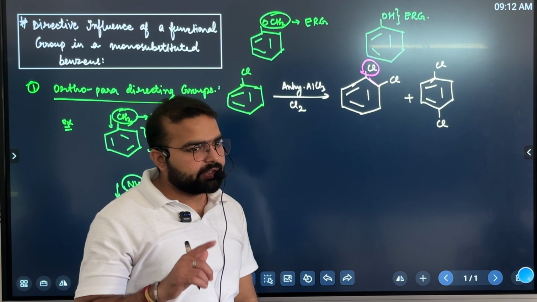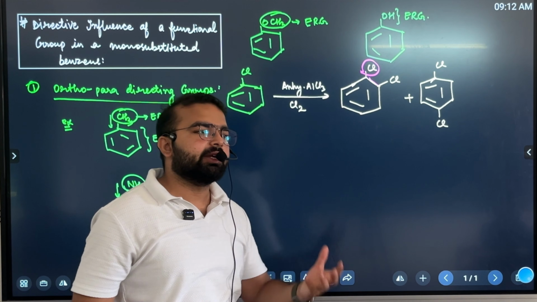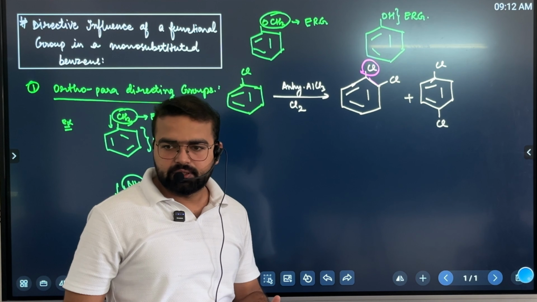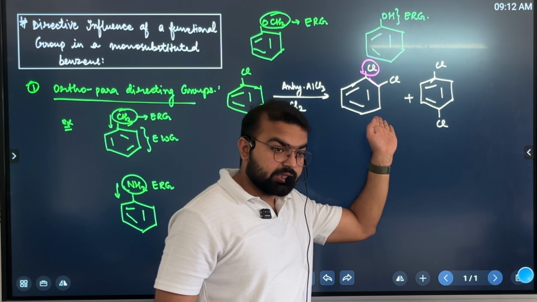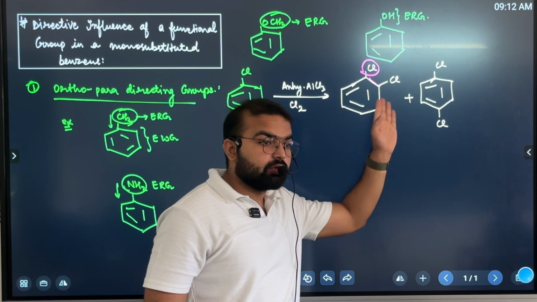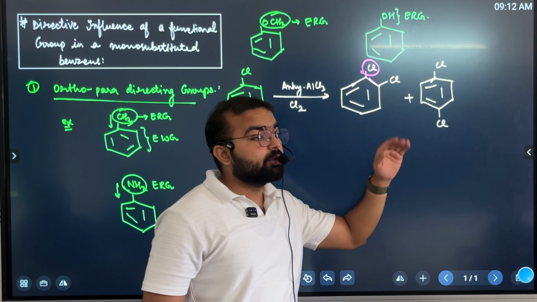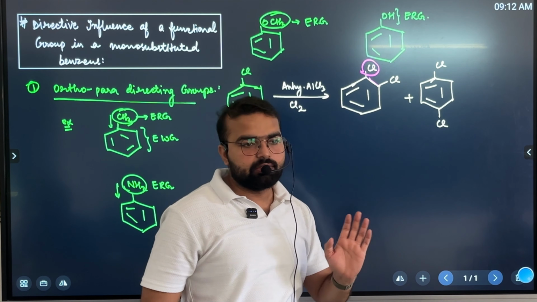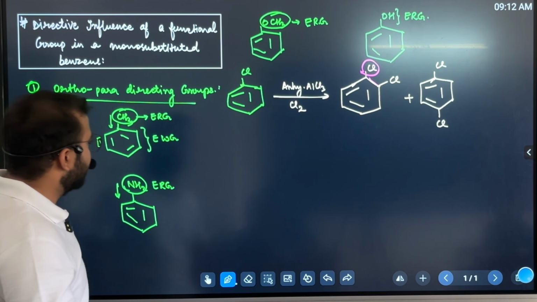If it is an electron withdrawing group, the meta positions will also be activated. Clear? So chlorine will come to the meta position, not the ortho and para positions. Am I clear? So meta position products will be there, not the ortho and para products. This part is clear? Okay.